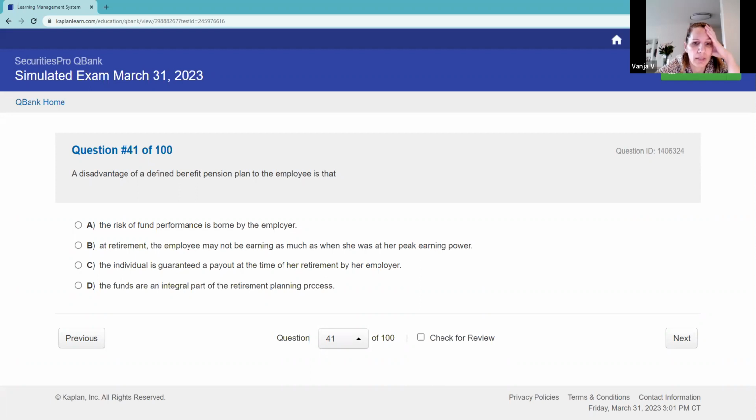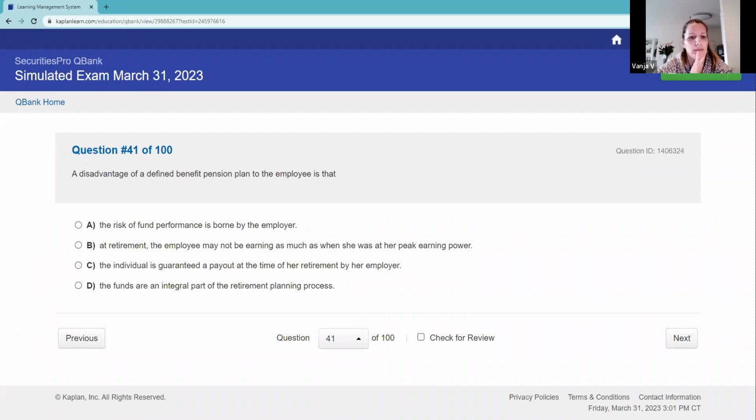At retirement, the employee may not be earning as much as when she was at her peak earning power. Well, that is true. That could be the fact. The risk of fund performance is borne by the employer, sorry. The funds are an integral part of the retirement planning process. That is true.